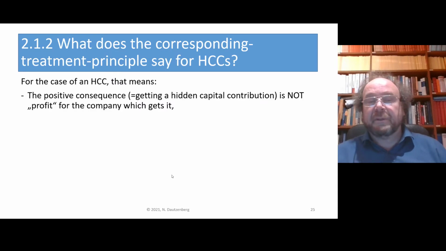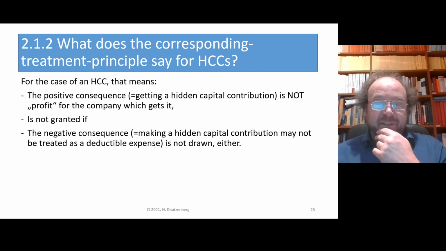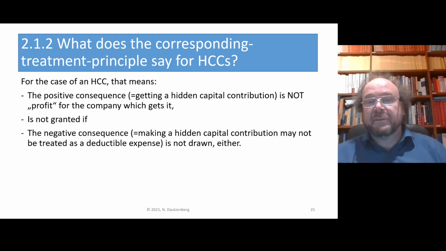So for a hidden capital contribution, that principle means the rule that a contribution is not profit is ignored. It is requalified into profit if the negative consequence, which means contribution is not deductible expense, has also not been drawn.